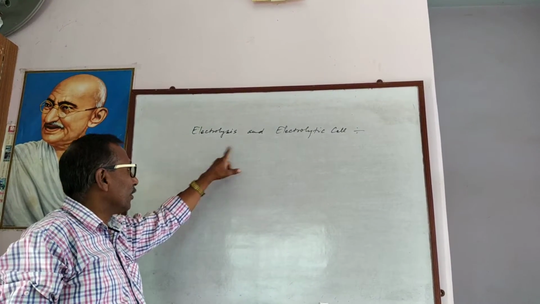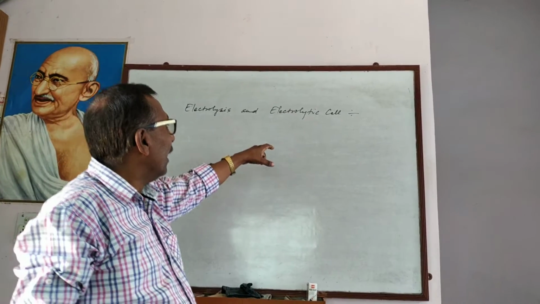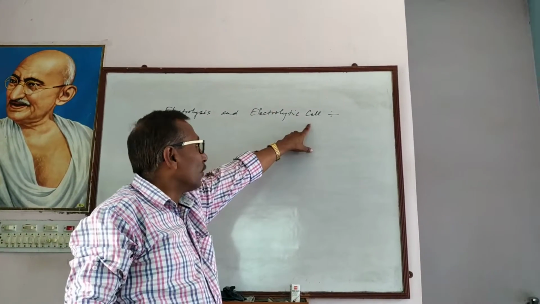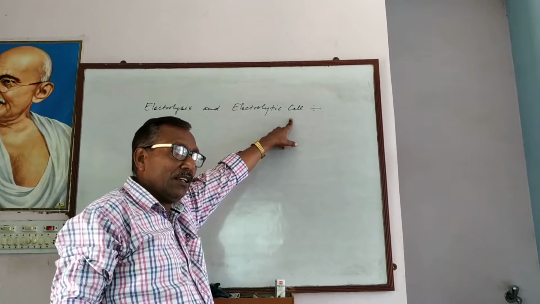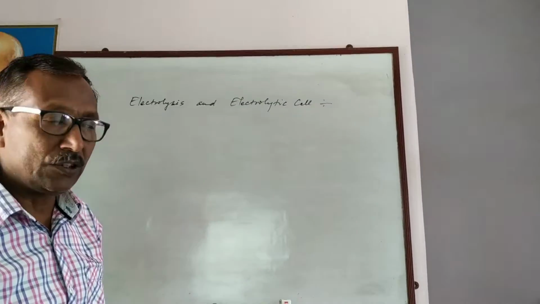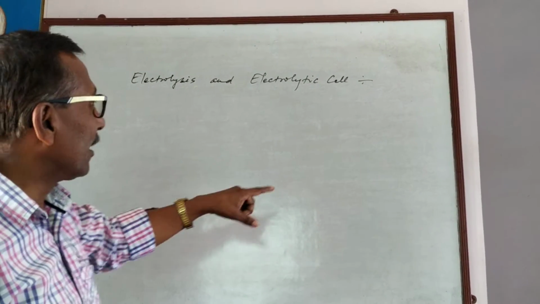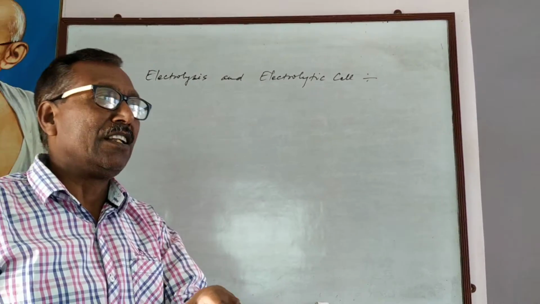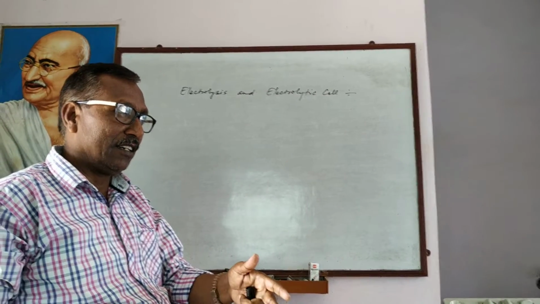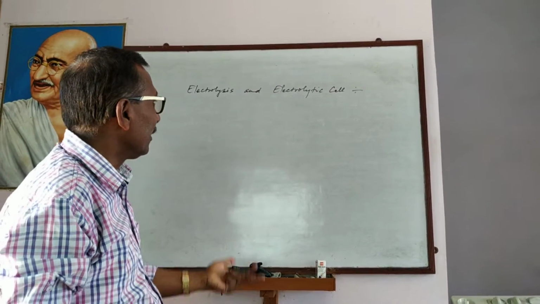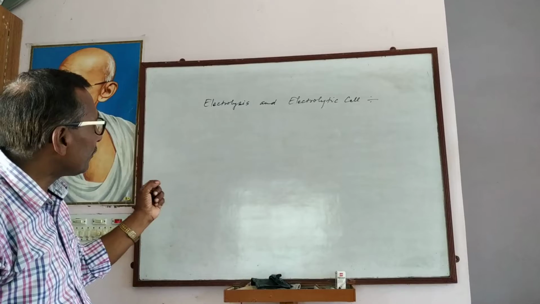And electrolytic cell is the device which converts electrical energy into chemical energy, that I have also discussed earlier in this chapter.